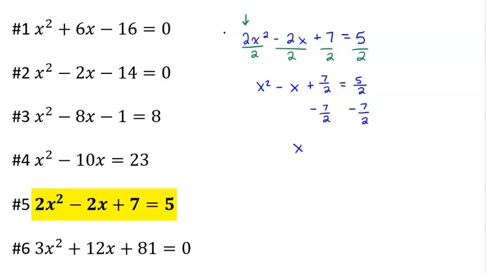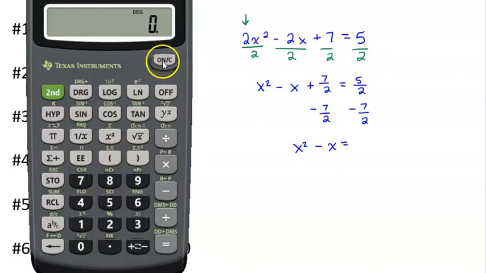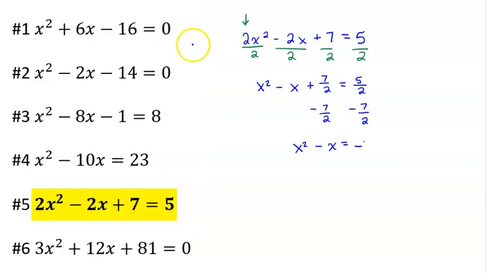And I get x squared minus x equals, and if you need to put this in your calculator, then do that. We have parentheses 5 divided by 2, close parentheses, minus parentheses 7 divided by 2, close parentheses equals, and I get negative 1 here.